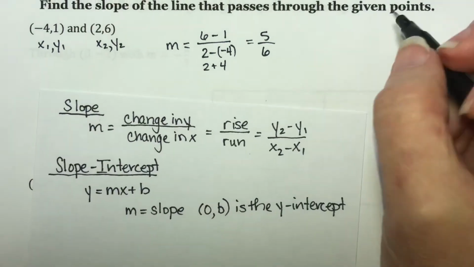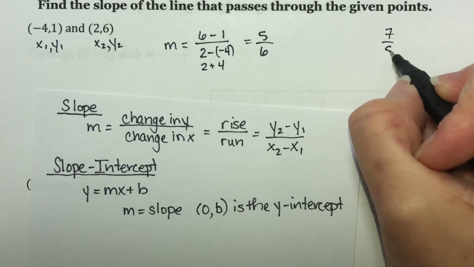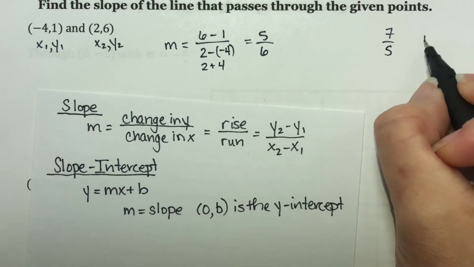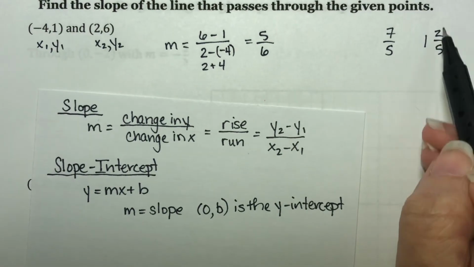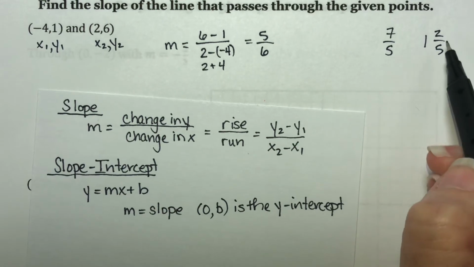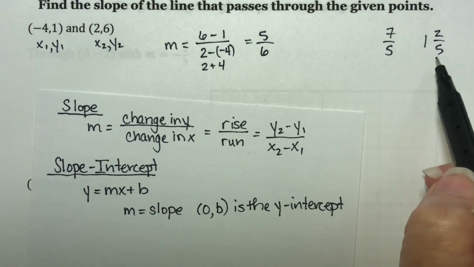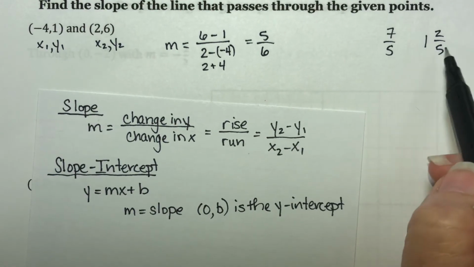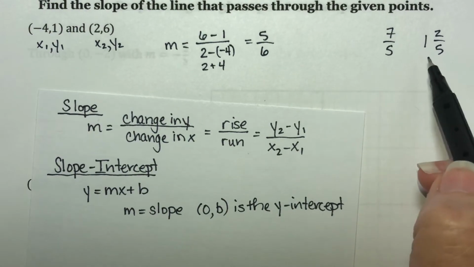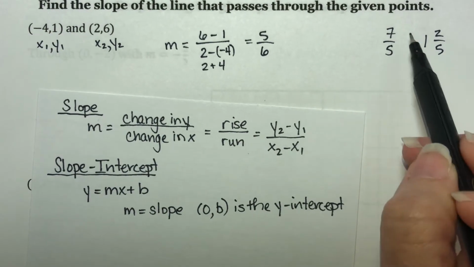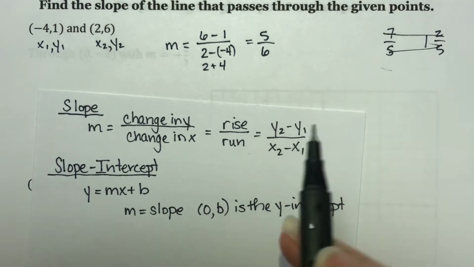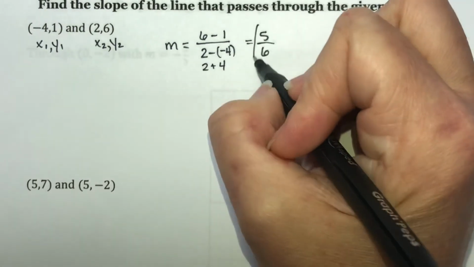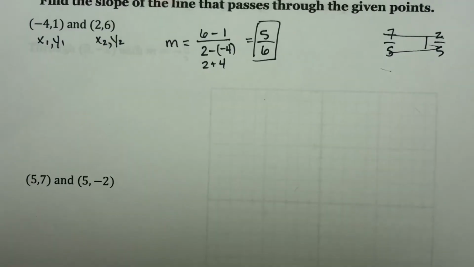If I get an improper fraction, say 7/5, and I change it to 1 2/5, in this form you lose the relationship. You lose the ratio. And for the same reason, we generally don't write decimals, because it is supposed to be a ratio, a comparison. Okay? So the answer here is 5 over 6.